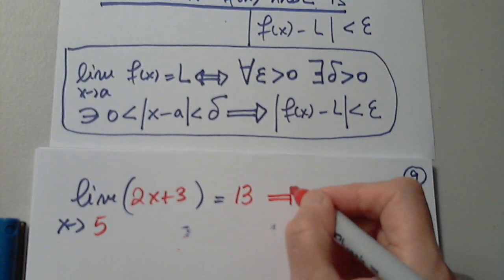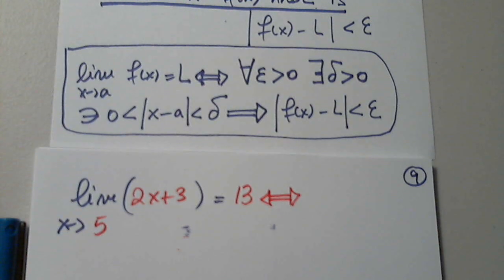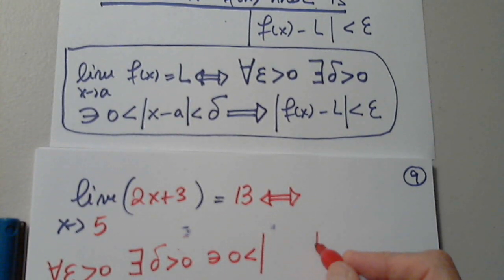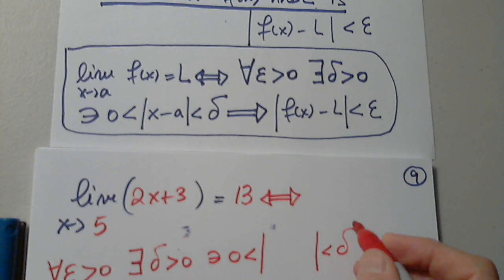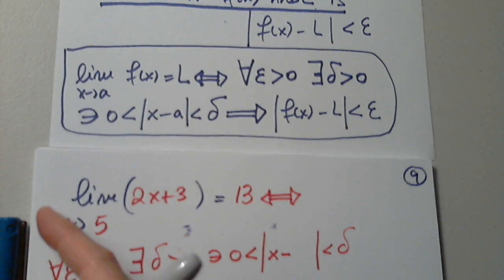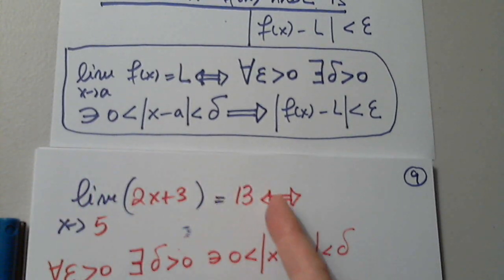So this is equivalent to, for every epsilon positive, I will find the corresponding delta positive such that every time I pick x close to what? So that the distance between x minus something is less than delta. Can you identify here what I have to write?